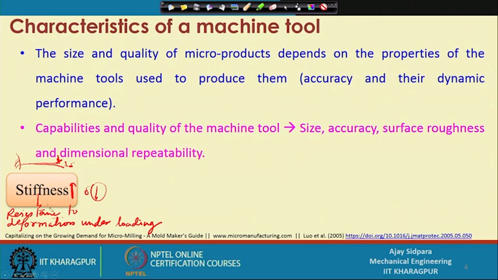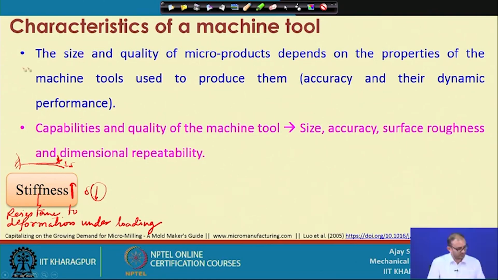Flexible means if you give a small force, the thing will bend very quickly, without any resistance. That is why stiffness is more important, because we have physical contact between the tool and workpiece, right. So, here is the workpiece, and we have a tool which is moving in this direction with a depth of cut inside. Basically you want to remove material from this part.